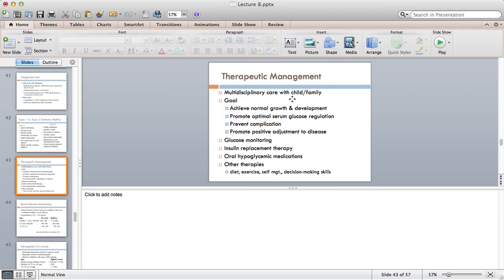We also need to involve the school setting, because this child will have to go to school. You have to notify the school that the child has diabetes and that the child will require treatment. They need to be aware of it.